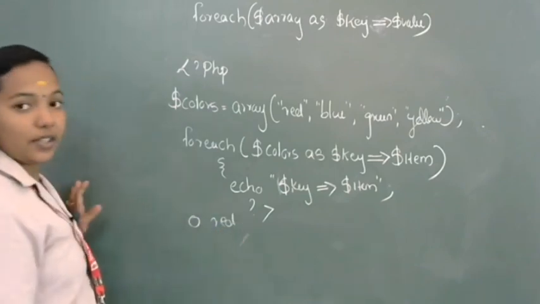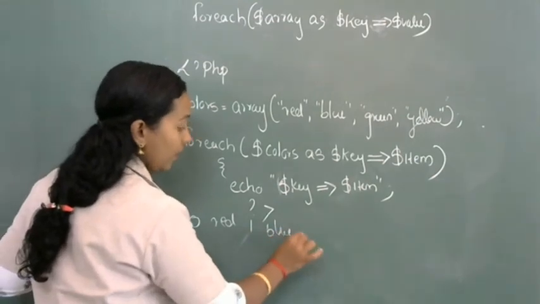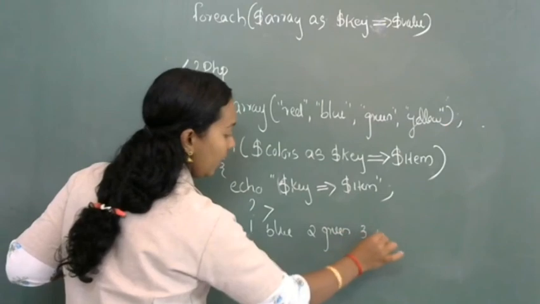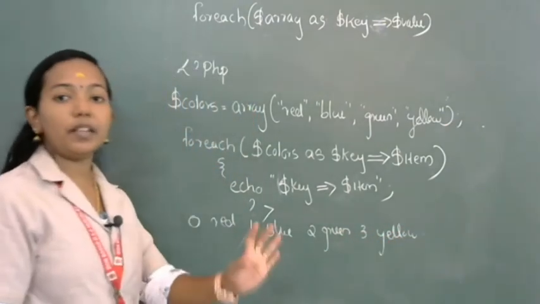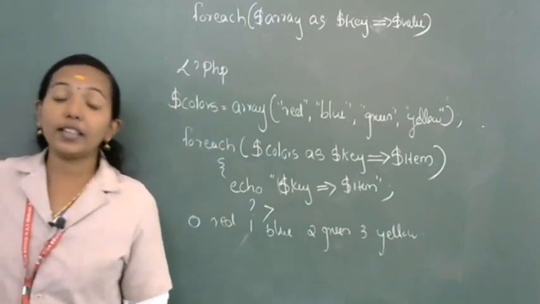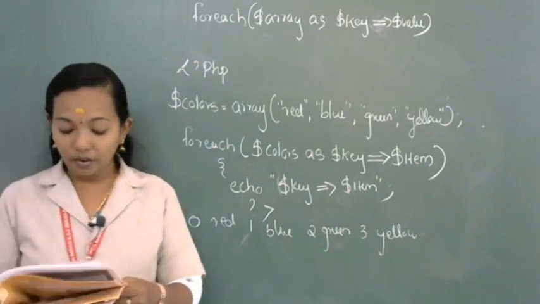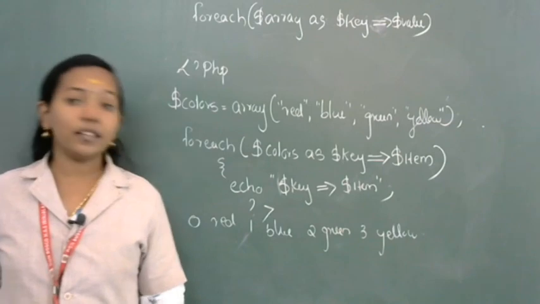What is the next key? 1 blue, 2 green, 3 yellow. Okay, this will be the output. We will get the key along with the item: 0 red, 1 blue, 2 green, 3 yellow.